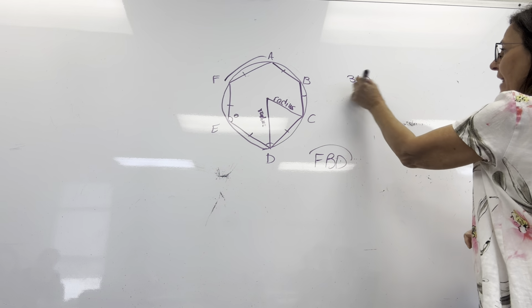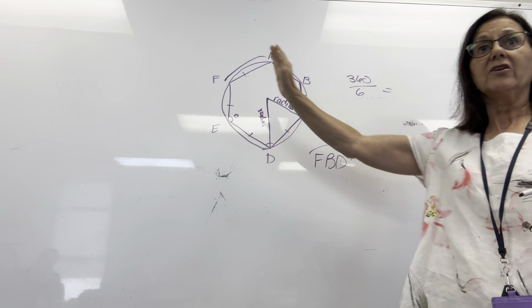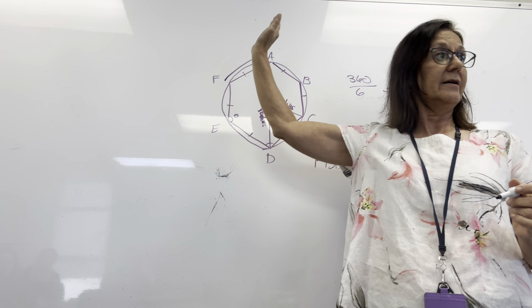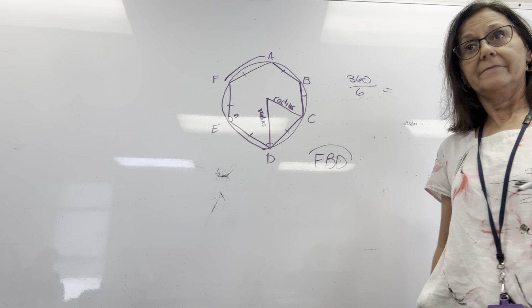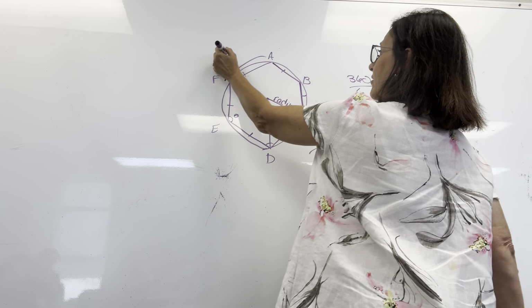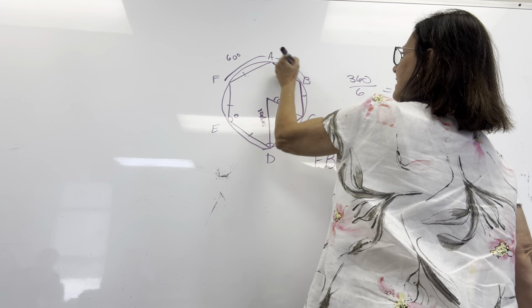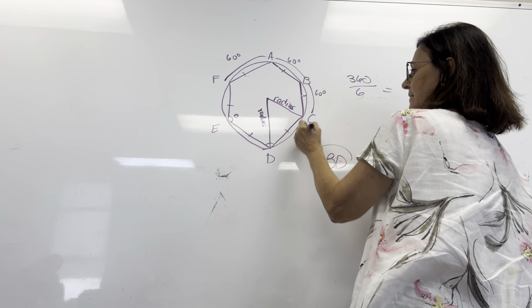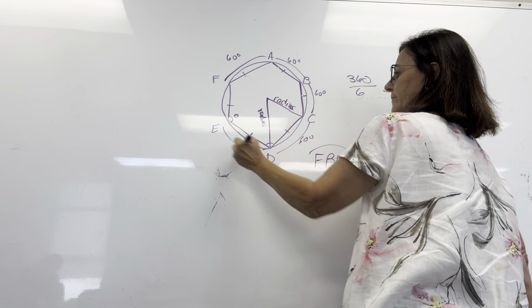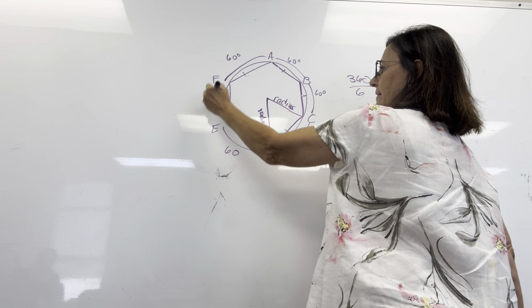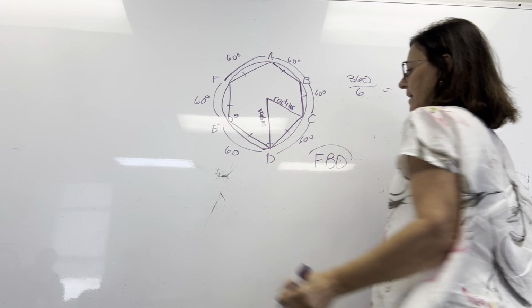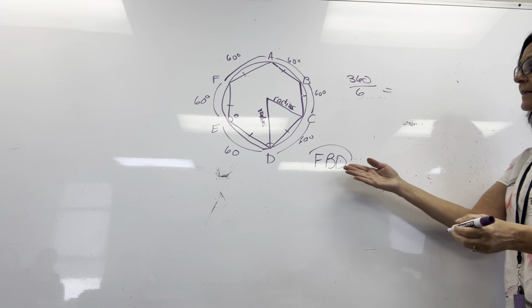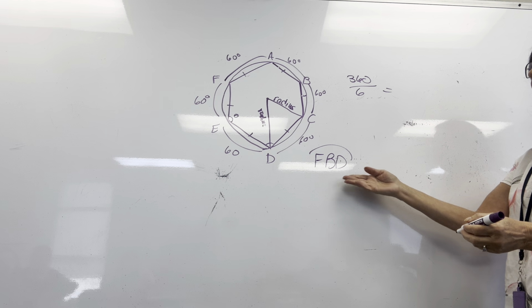So if I divided that by 6, I could get the measure of each arc, which is 60 degrees. That's 60 degrees. That's 60 degrees. 60, 60, and 60.